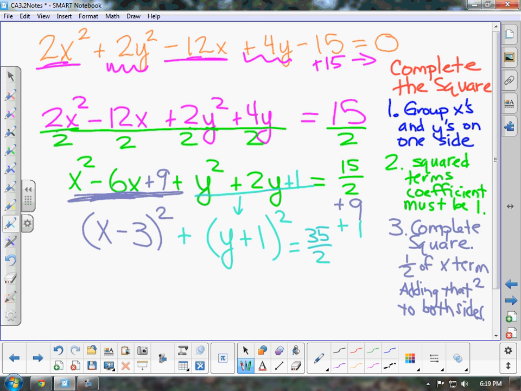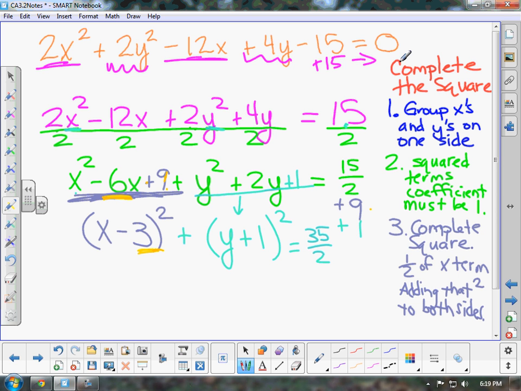Group the x's, group the y's, put the constant number on the other side. Make sure the x squared and the y squared terms have a coefficient of 1. If they do not, divide everything by that number that's the coefficient. Then once you get it down to having a coefficient of 1 for both, take half of the x term and write your factor, whatever number you use here, square that, and that's what you add in to both sides of your equation.